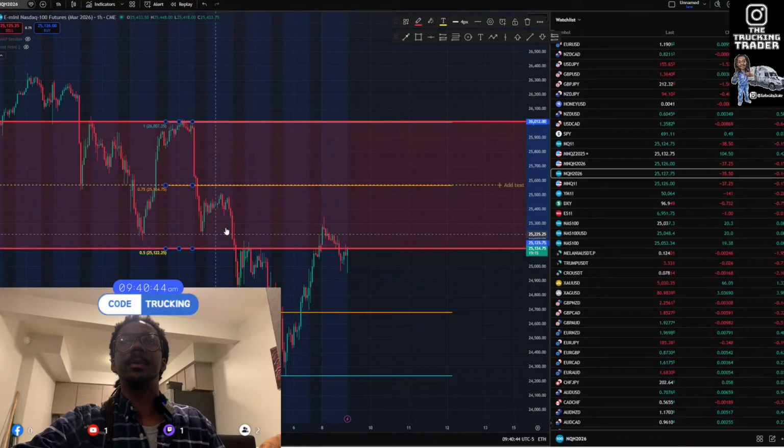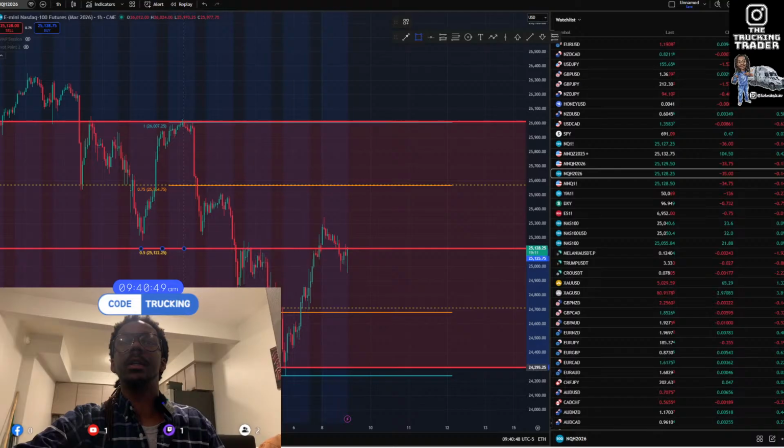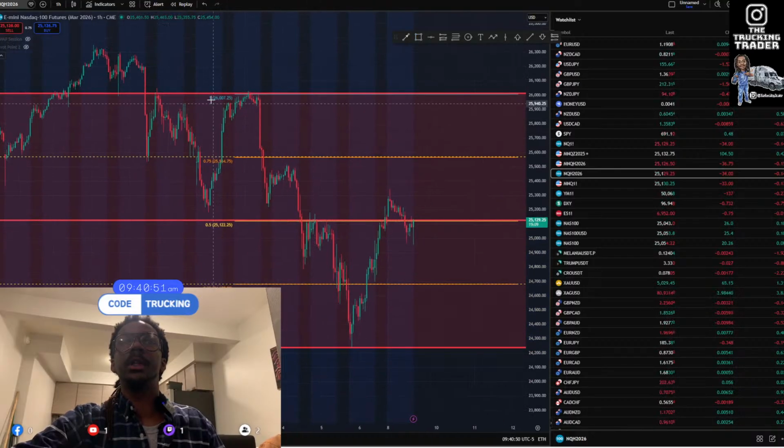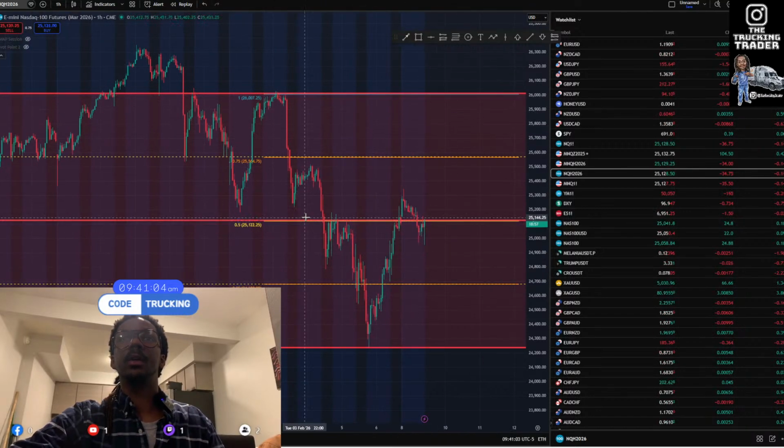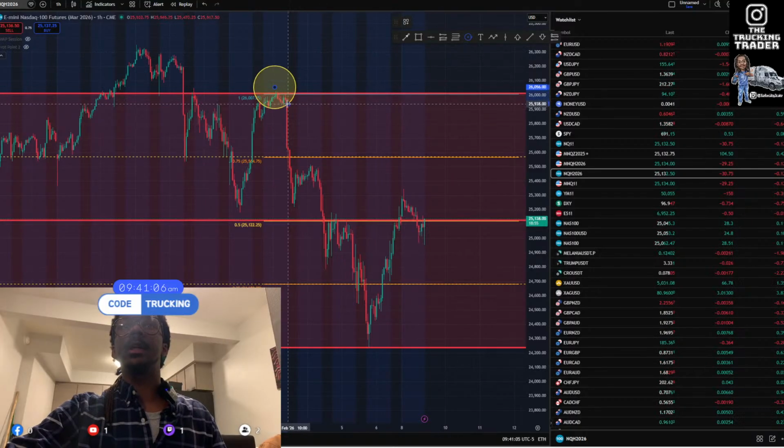So if this is premium and this is discount down here, we know that we're working in this little bit of a range. And overall, this is the entire range, but right now this is the range that made the last significant move, right? So I'm going to be using this range right here from swing high to swing low.